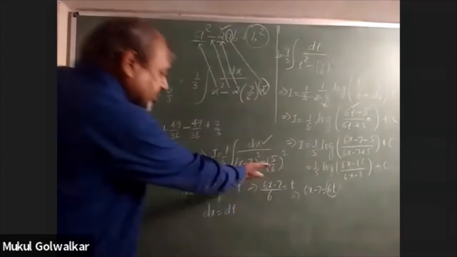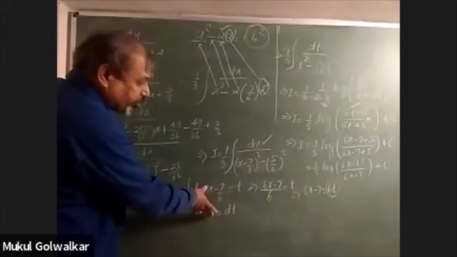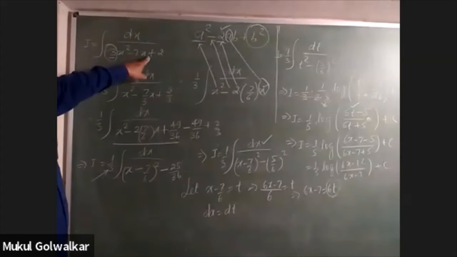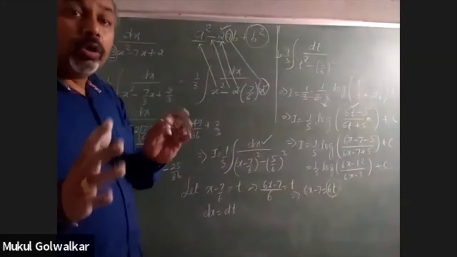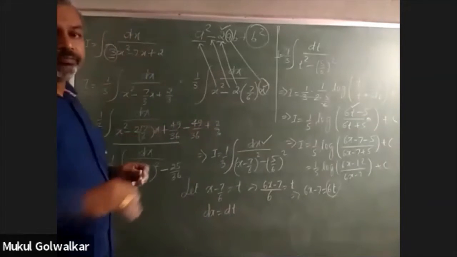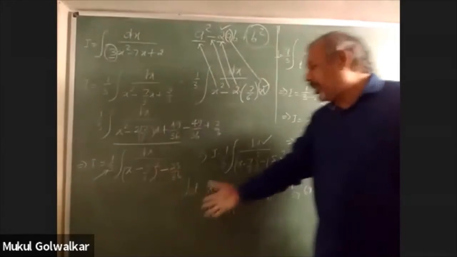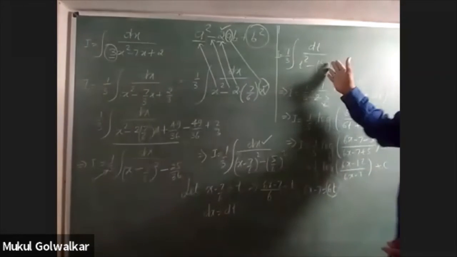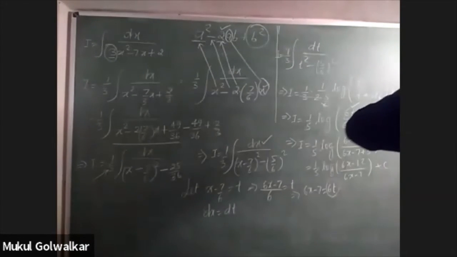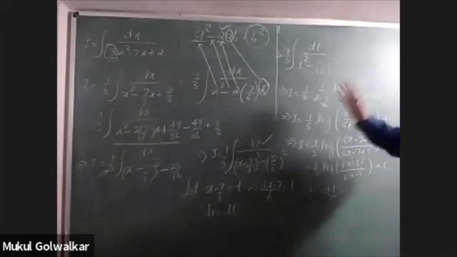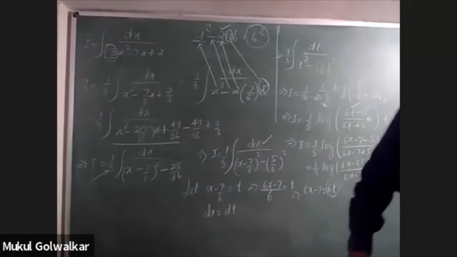Why did we use the substitution? Because this question is not in the integrable form. It is such a log whose key cannot be seen by us. We don't have the key of this one. So we try to convert that into the standard form. The moment we converted that into the standard form, we give the answer for this integration. Okay, so this is the procedure for using the process of substitution.